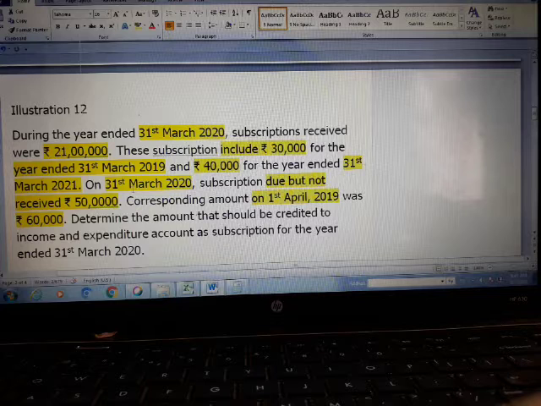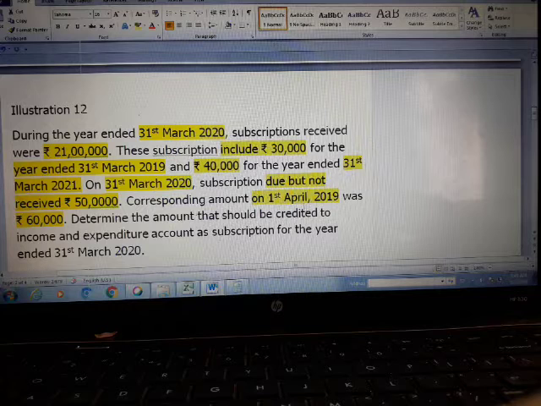On 31st March 2020, subscriptions due but not received is rupees 50,000. Corresponding amount, which means the same amount, on 1st of April 2019 was 60,000.